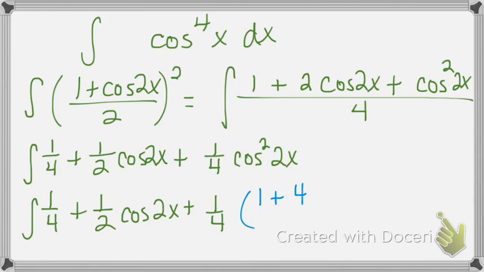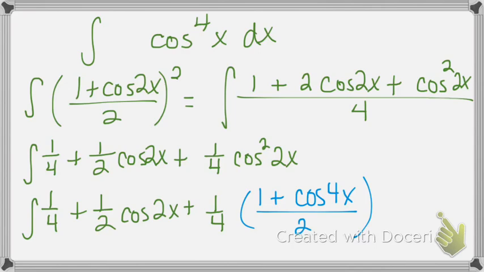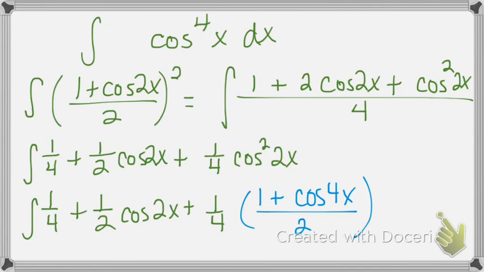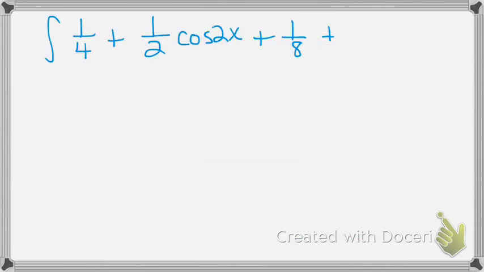Oops, I forgot my cosine, I'm sorry. I'm going to write it on the next screen. Okay, the 1/4 multiplies by the 1/2. And then the 1/4 multiplies by the cosine 4x over 2.